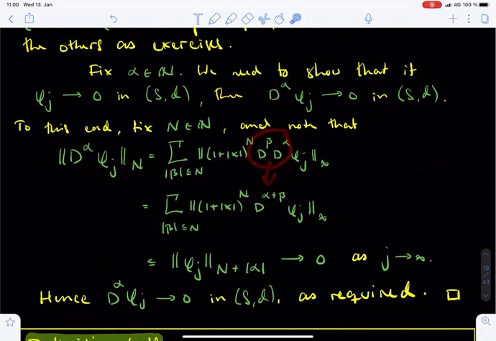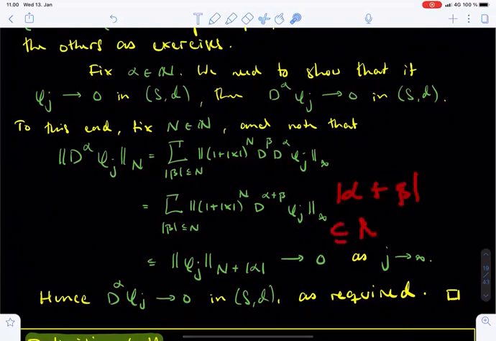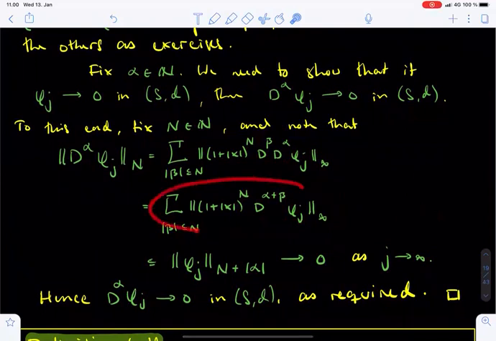Here, the ∂^beta derivative of the ∂^alpha derivative of phi_j is the same thing as the ∂^(alpha plus beta) derivative of phi_j. Since the order of the multi-index alpha plus beta is bounded by n plus the order of alpha, we find that the resulting expression is bounded by the (n plus the order of alpha)-norm of phi_j. This is what we claimed.